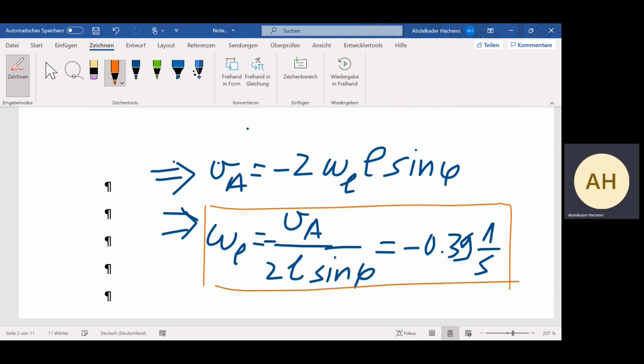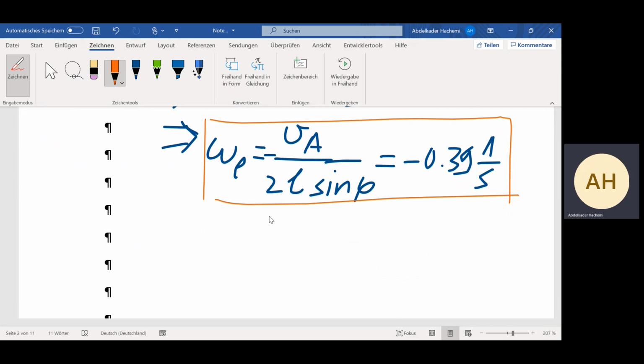This is omega L, yeah. And as I said, omega L, omega R, it's only minus omega L, yeah, the same value but opposite direction.